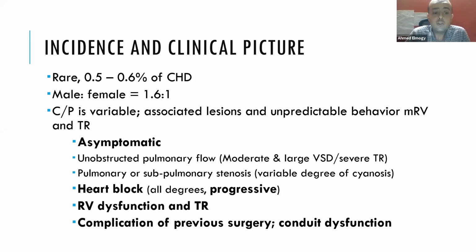In one study, almost 50% of the patients reaching 30 years of age developed heart failure because of RV dysfunction. Or it may be a complication of a previous surgery that we will talk about later, in which they have a conduit dysfunction because they have outgrown this conduit between the right ventricle and the pulmonary artery.